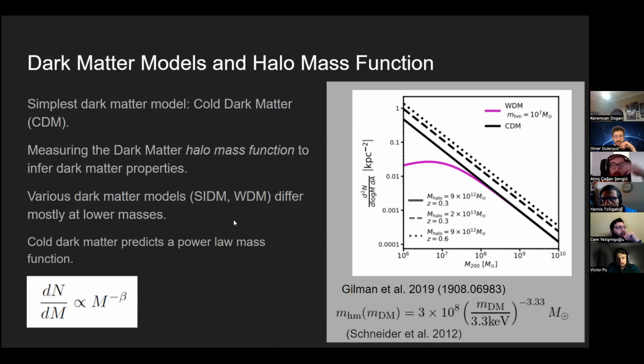But another way that dark matter models can differ from cold dark matter is warm dark matter, which allows the dark matter particle mass to be a little bit lower than what cold dark matter assumes. In that scenario, dark matter becomes non-relativistic at a later time. Because of that, in the early universe, because dark matter was still relativistic, it erases structure below certain scales due to dark matter particles free streaming.